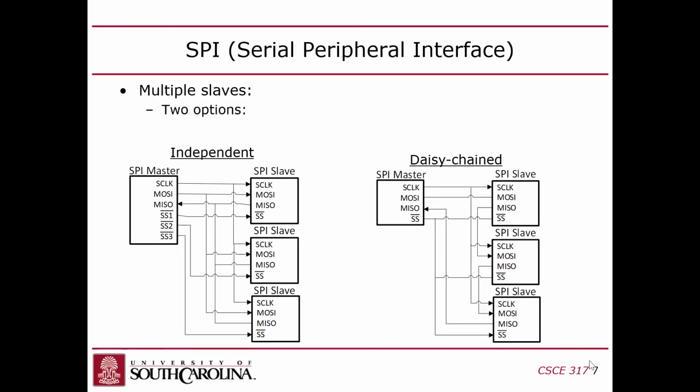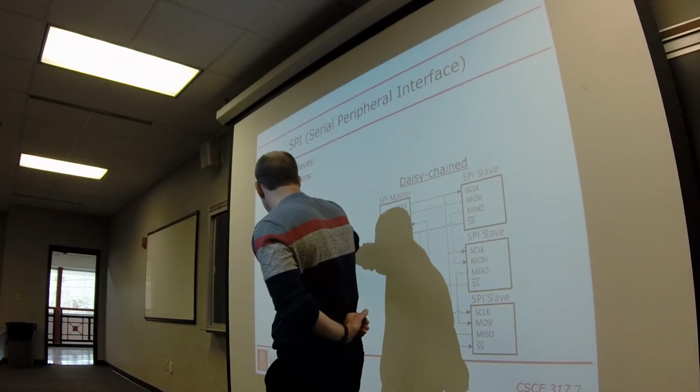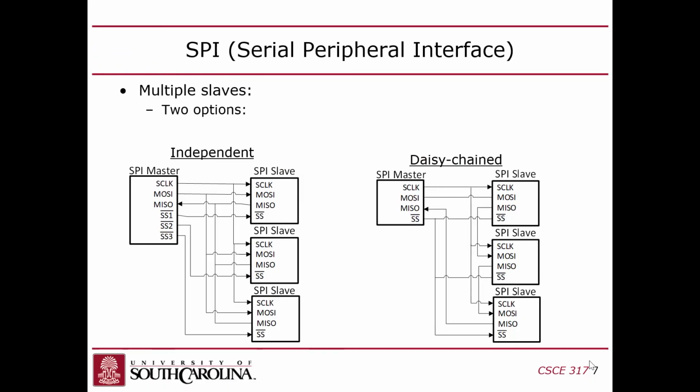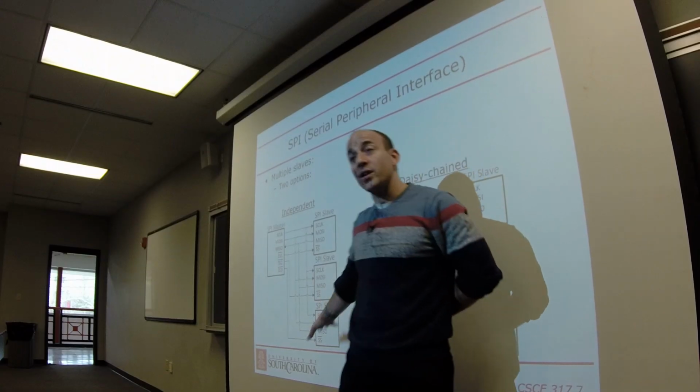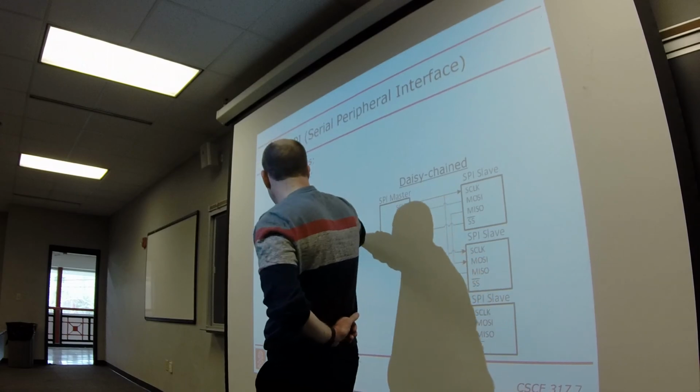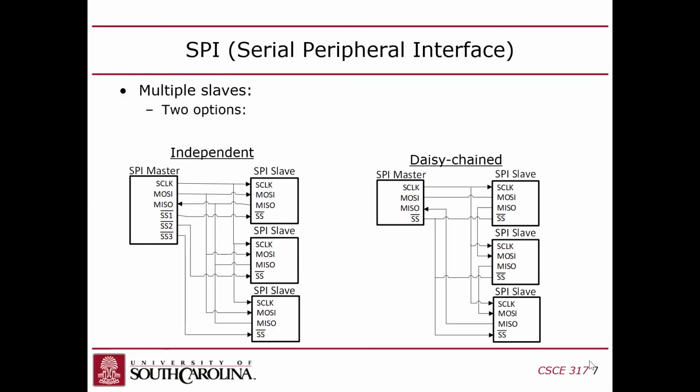So if you've got it in this configuration, you would have a separate slave select for each slave, right? And so you'd select a slave, and then okay, so you have multiple slave select pins. It's not one that you try and distribute them.